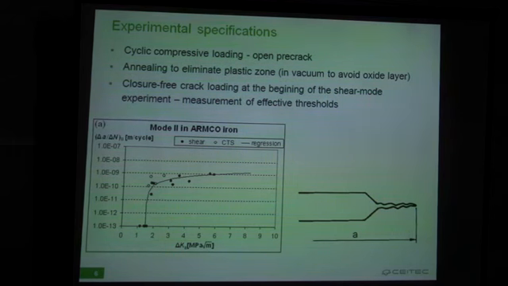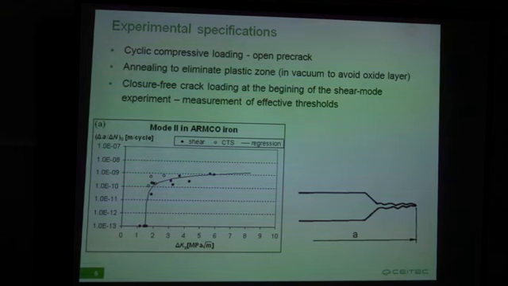Now let's move on to some experimental specifications. How could we measure the effective thresholds? We use cyclic compressive loading for the pre-crack generation at the notch, and after this loading and after unloading, the pre-crack remains slightly open.